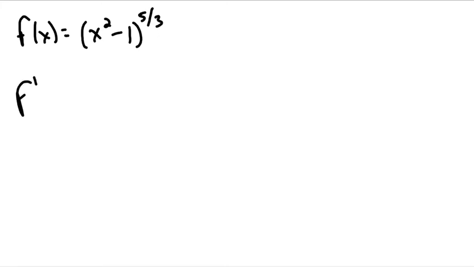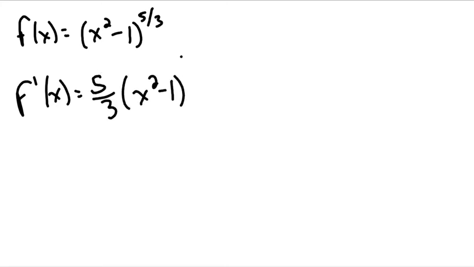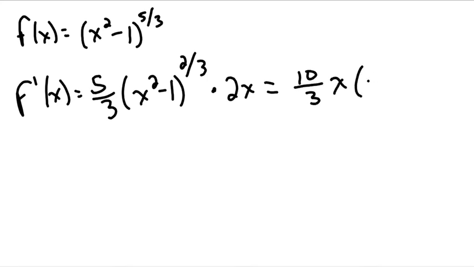So let's say we do our first derivative and we say, all right, take my 5/3 out, inside stays the same, subtract 1 is 2/3, and then times the derivative of the inside, which is 2x.